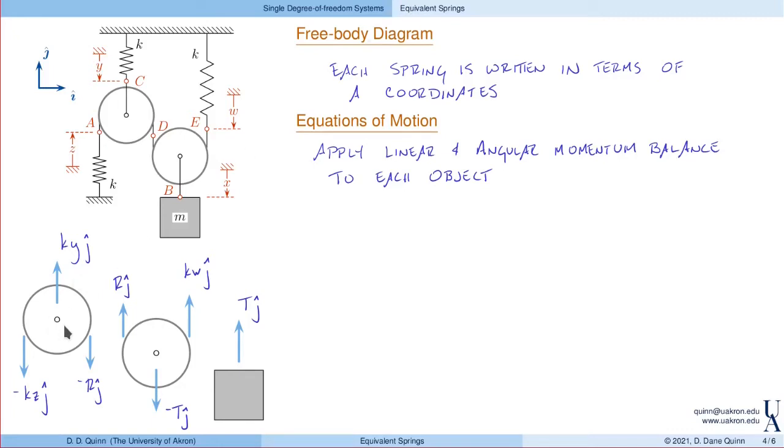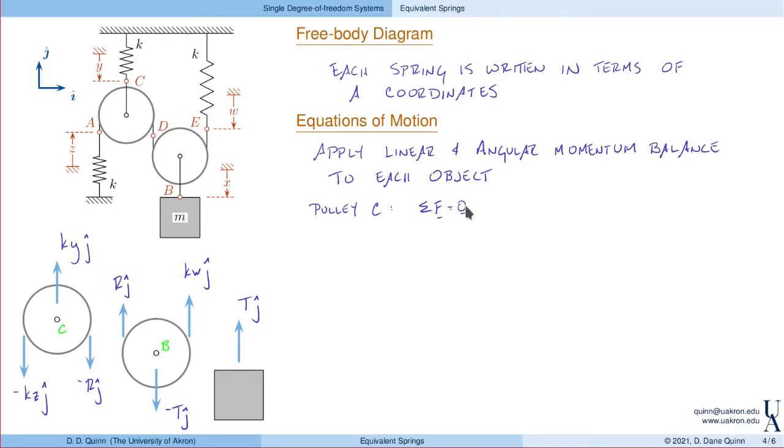We're going to call this pulley C. C here is this point at the center. We'll actually refer to this as pulley B. Again, B can be identified with the center of this pulley. So let's look at pulley C first. And to start off with, we'll look at linear momentum balance. Sum of the forces equals mass times acceleration. But since the pulley is massless, sum of the forces has to be equal to 0.